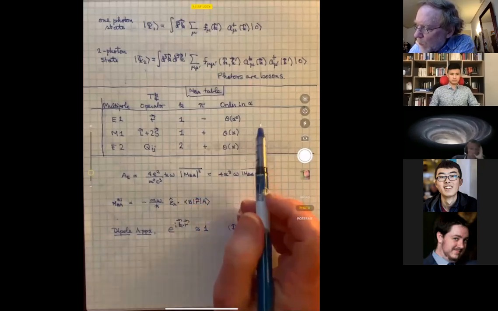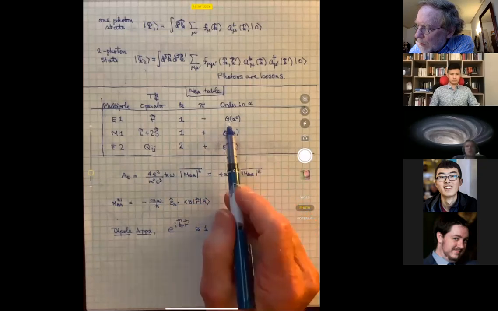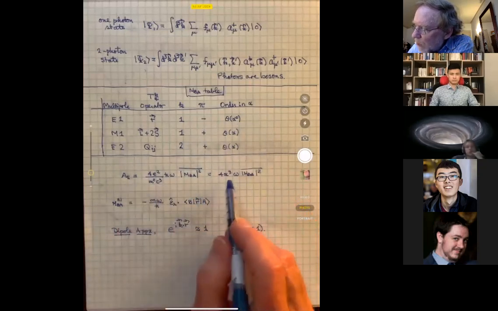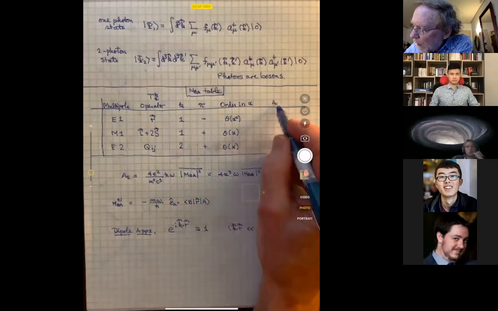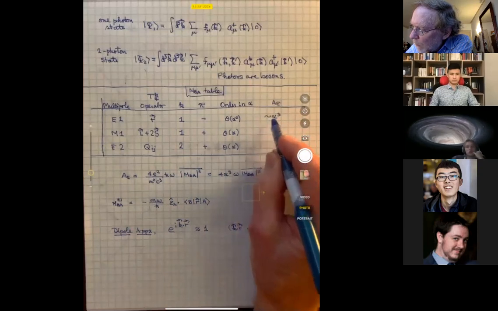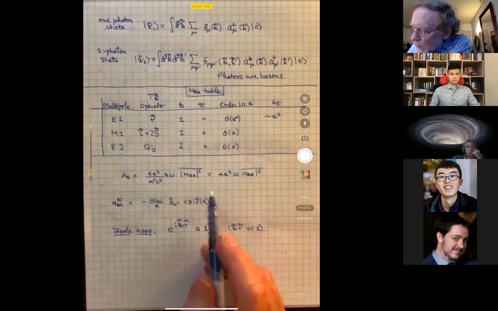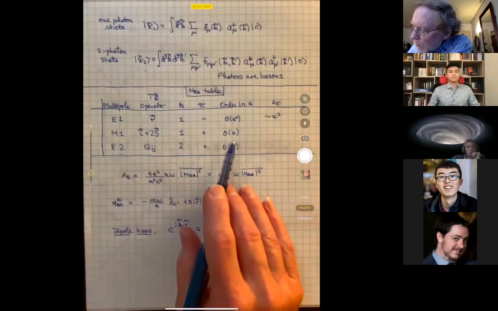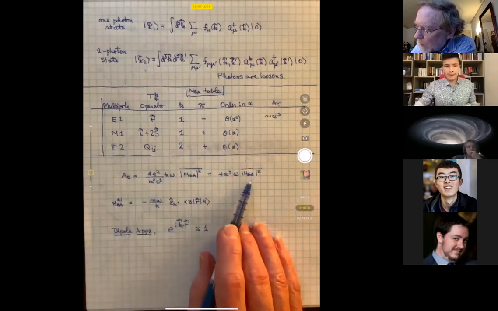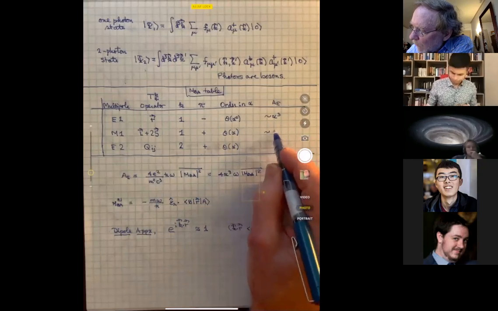Well, in the case of the E1 transition, where the MBA is of order alpha to the 0, this means that the Einstein A coefficient is of order alpha cubed. So let me put A here. This is of order alpha cubed for an E1 transition. Whereas for an M1 or E2 transition, the matrix element goes like alpha, so the square of it is alpha squared, and so these things go like order alpha to the 5th power.